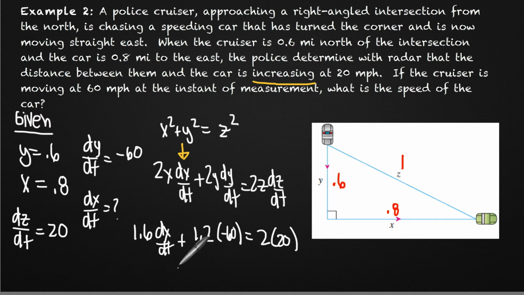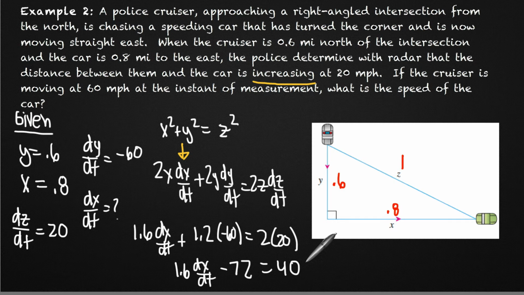All right, so we can say 1.6 dx/dt, and we will say 60 times 1.2. That's going to be negative 72. And then this is going to be 40. And so now we can move the 72 to the other side.